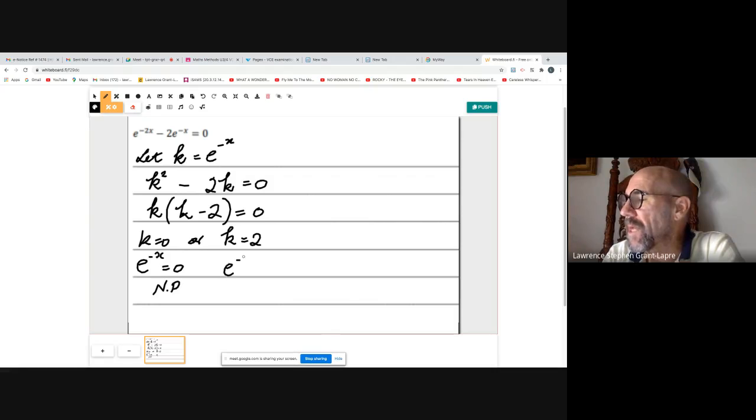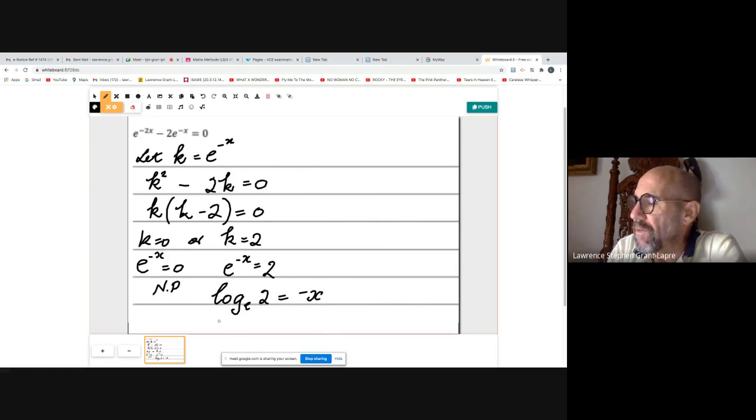Or e to the negative x equals 2. So therefore the natural log, or log to base e of 2, is equal to negative x. Therefore, x equals negative log to base e of 2. Okay, so this is an e, by the way.